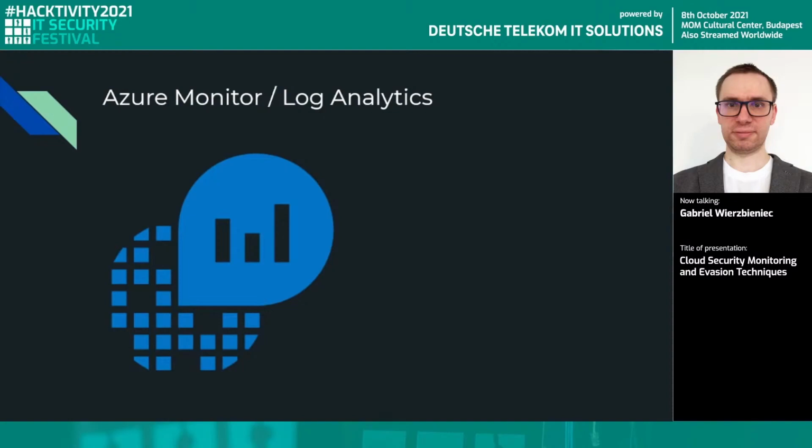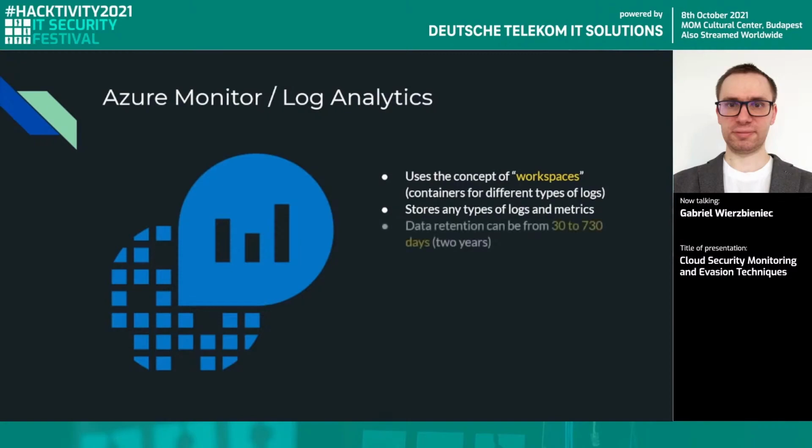An equivalent of CloudWatch in Azure would probably be Log Analytics, which is built around the concept of workspaces, kind of containers for different log types, that also store logs and metrics, so kind of similar to CloudWatch.